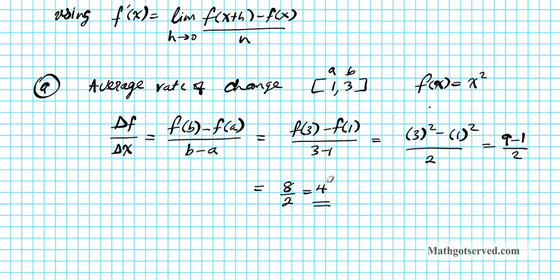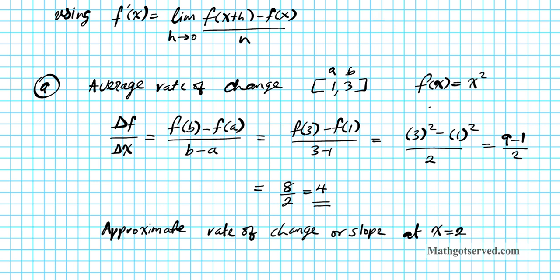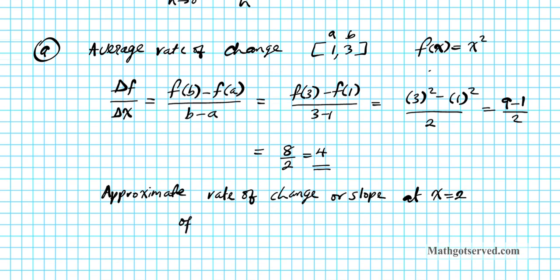Basically, we're approximating the rate of change at x equals 2 using the interval 1 to 3. So let's write down what our answer means. The approximate rate of change, same thing as slope, at x equals 2 of f of x is equal to 4.